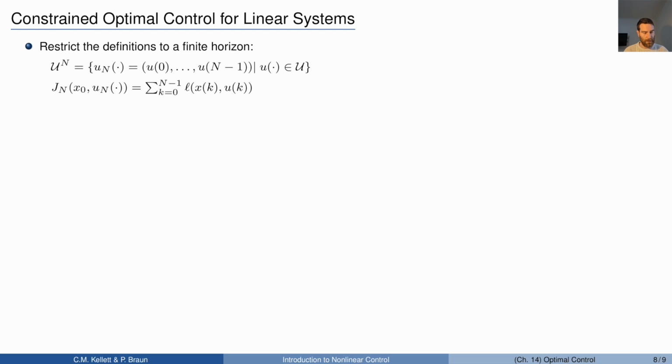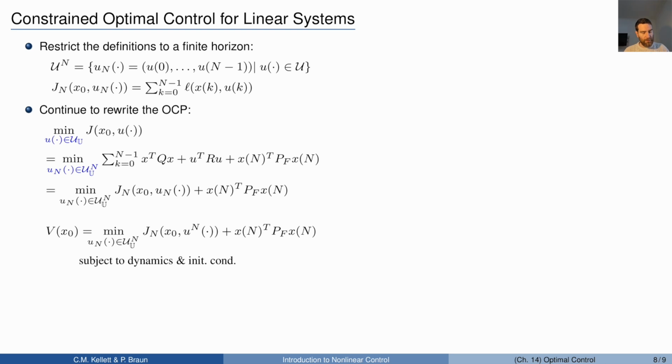If we now summarize these results, if we restrict the definition of our input to a finite series, so u_N being defined from 0 to N minus 1, and all of these components u_k need to be in U, then we can also look at this cost function, the only new component being the index N, so we have replaced infinity in the sum by N minus 1.